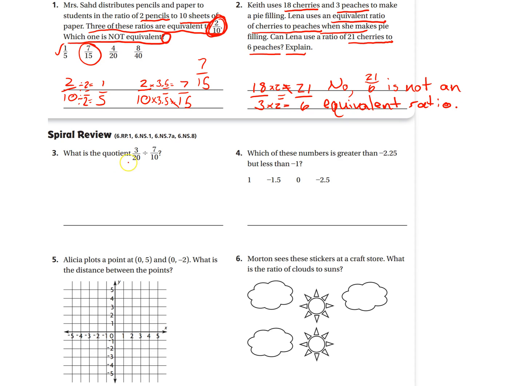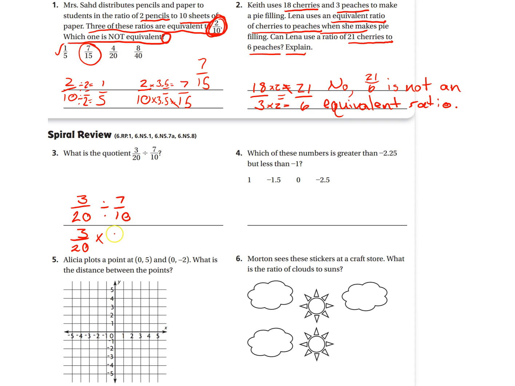Okay, what is the quotient? Quotient is just the answer to a division problem. The simplest method on this one, 3/20 divided by 7/10, I'm going to do copy, change, flip. So I copy the first fraction and use the inverse. The opposite of division is multiplication.